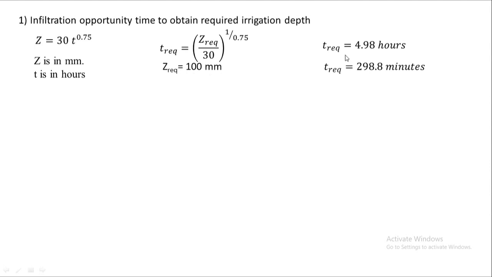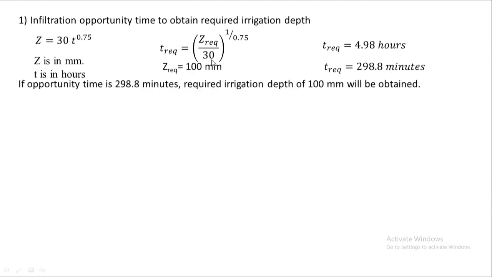And if the infiltration opportunity time is more than 5 hours, let's say 6 hours, then the irrigation depth will be more than the required depth. So if the opportunity time is 298.8 minutes, the required irrigation depth of 100 millimeters will be obtained.